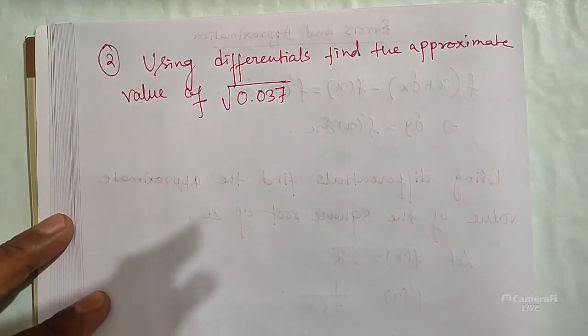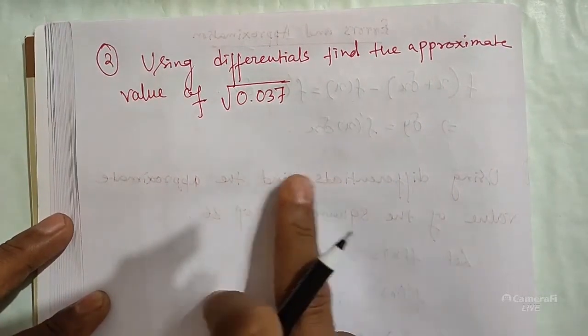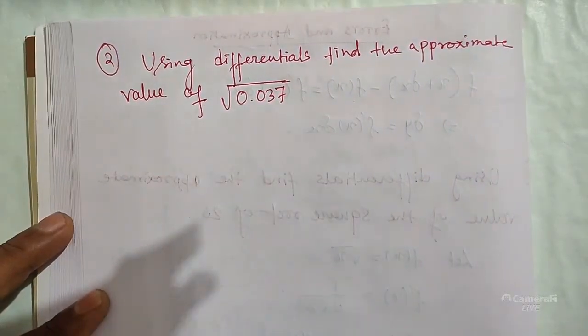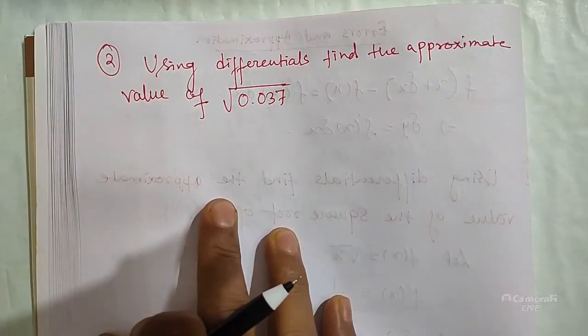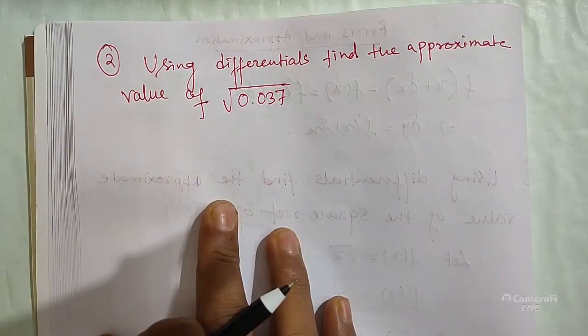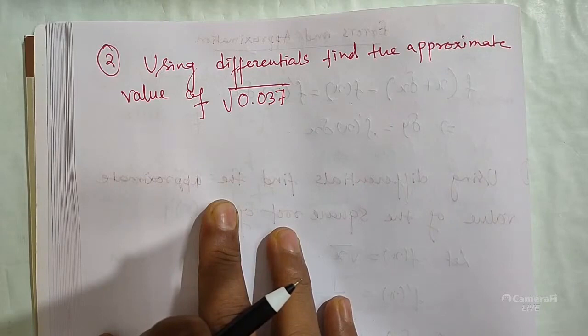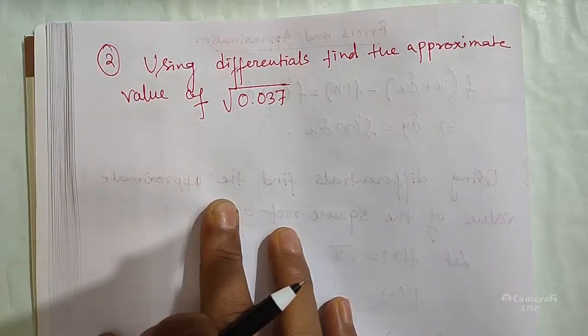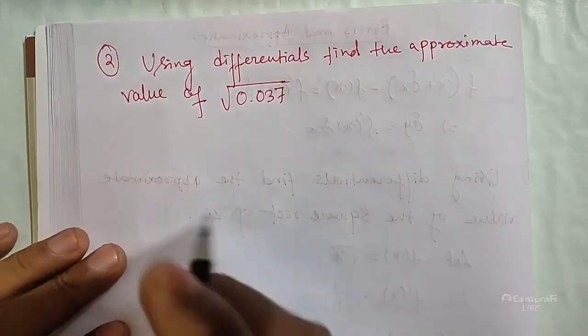We are using differentials, so you have to approximate this value. Here also a square root is there, that means we have to choose f(x) = root x. Then we have to find f'(x), and we have to apply the formula of error.